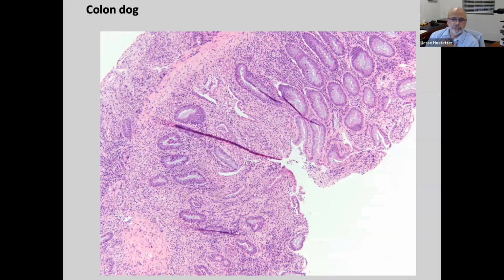All right, here's colon from a dog. Name 3 changes. I won't tell you the breed.